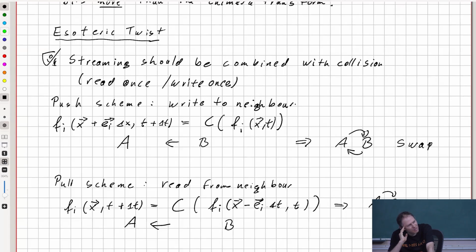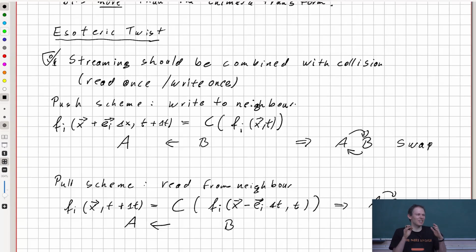However, there is reason to believe that most hardware is faster in reading non-aligned than in writing non-aligned. In particular, this is the case for GPUs. In GPUs, reading non-aligned is not a problem, but writing non-aligned is a problem.